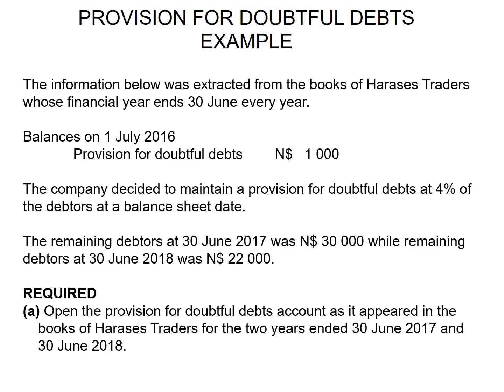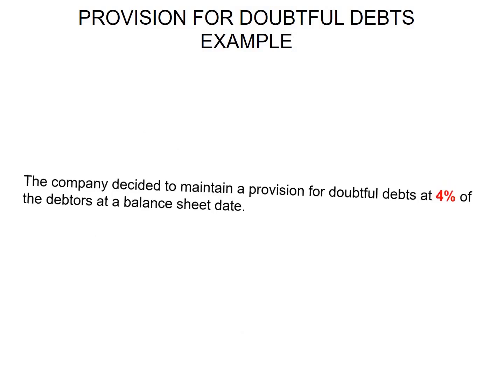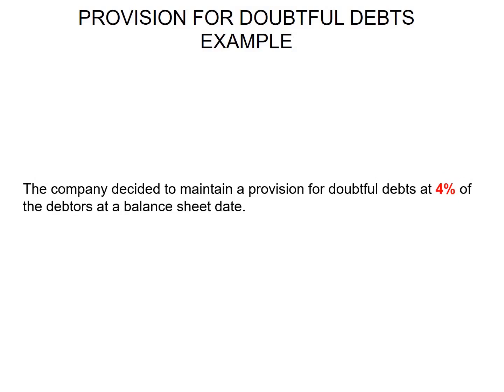Now I know this is a lot of information, but let's try to highlight the main points that you need to focus on. Firstly, you need to focus on the 4% which the company has decided to provide doubtful debts at.